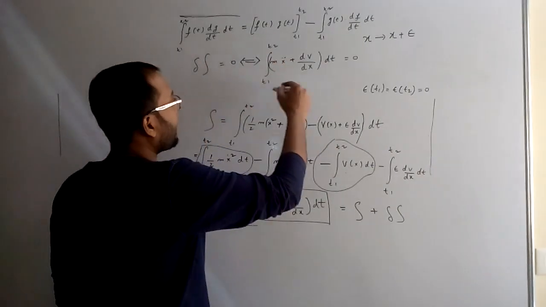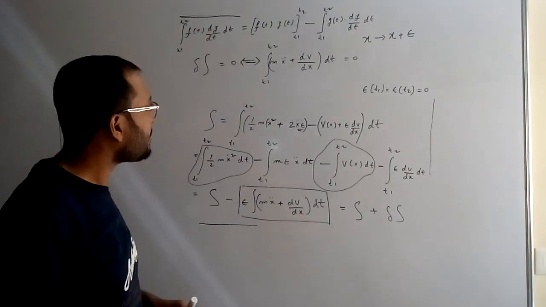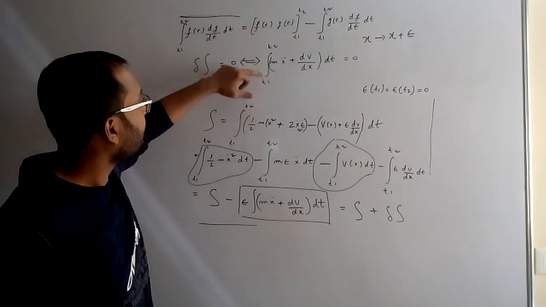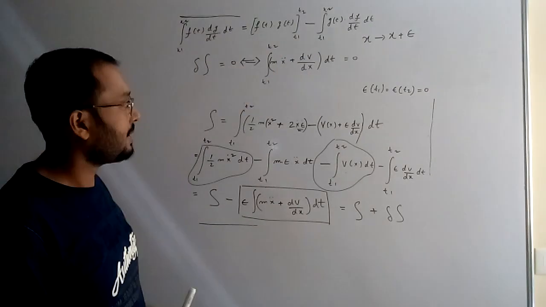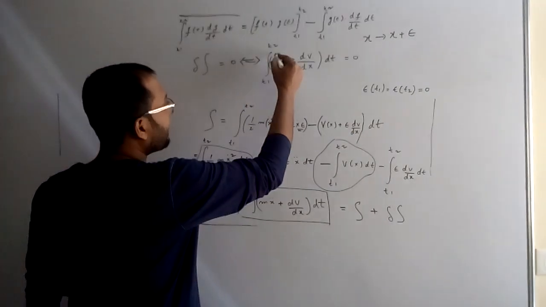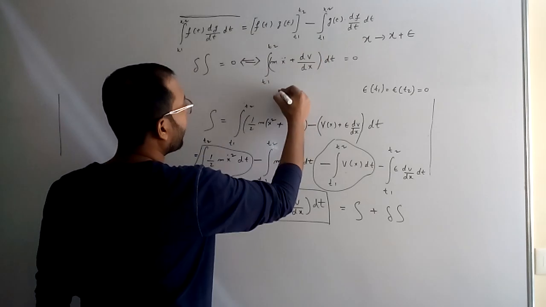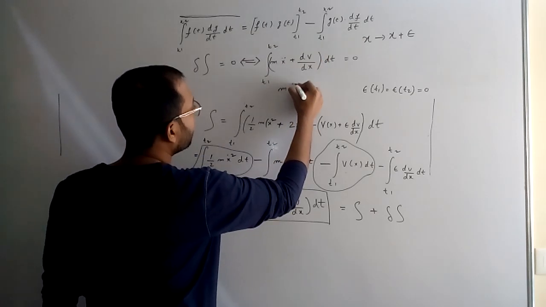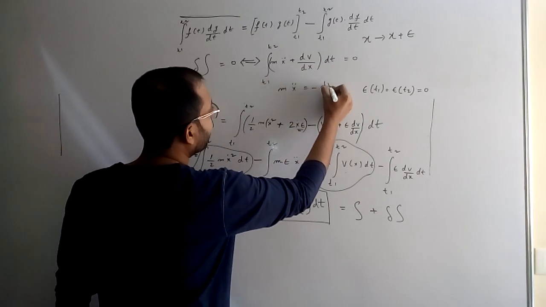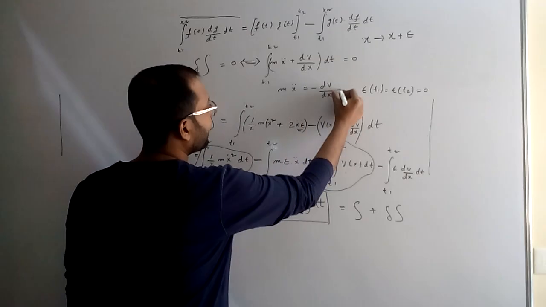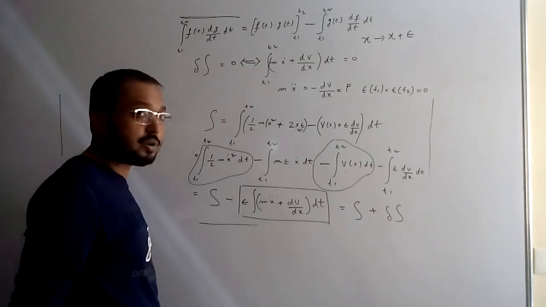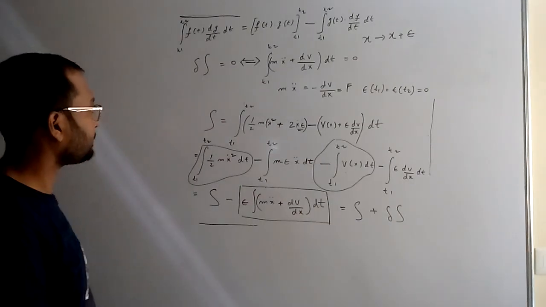Now, if this integral has to be 0 for any two arbitrary times, the only thing that is possible is that the integrand is 0. If I equate this to 0, I get m x double dot equals minus dV by dx. And I hope you know that minus dV by dx is the force. It is the conservative force.